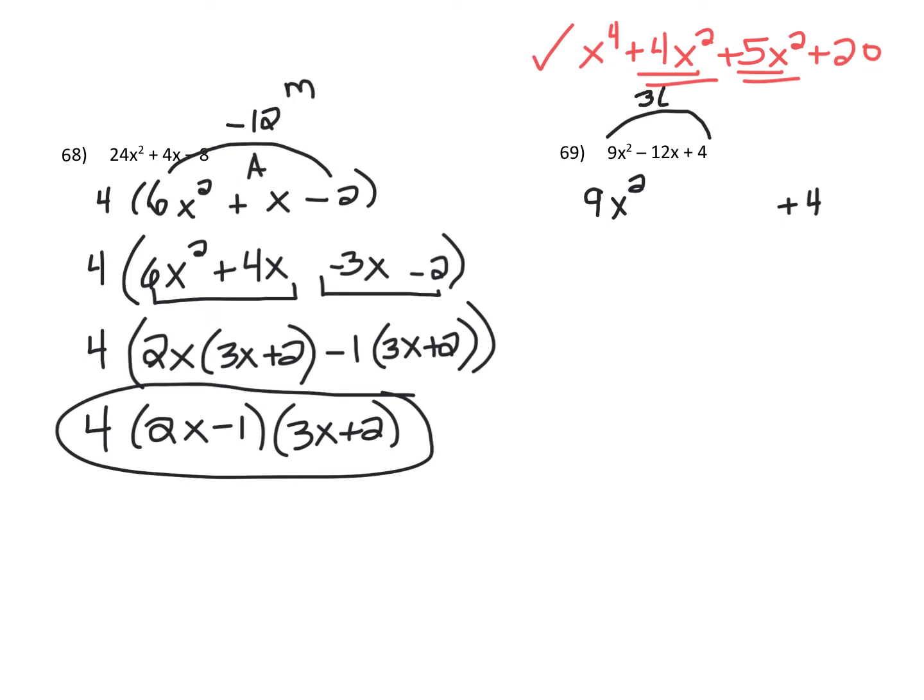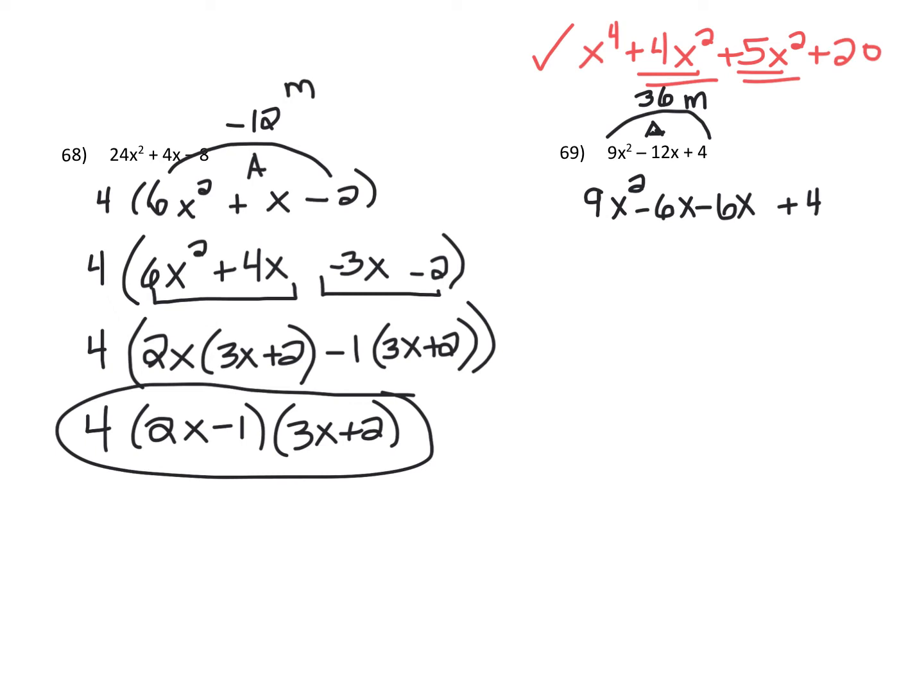All right, so we need to come up with two numbers that multiply to 36 and that add to negative 12. So negative 6 and negative 6. And I'm going to attach an x to each of those because if you look at our original expression, the middle term had an x, so it has to go next to those.